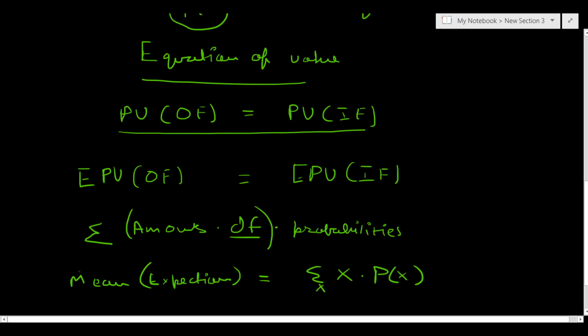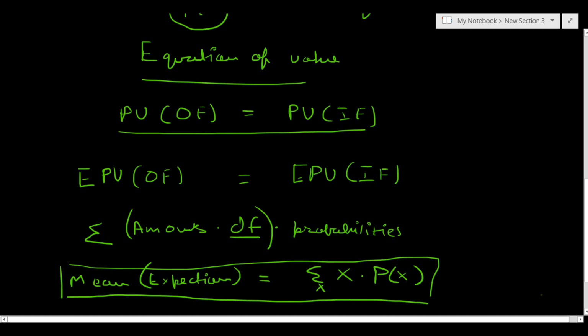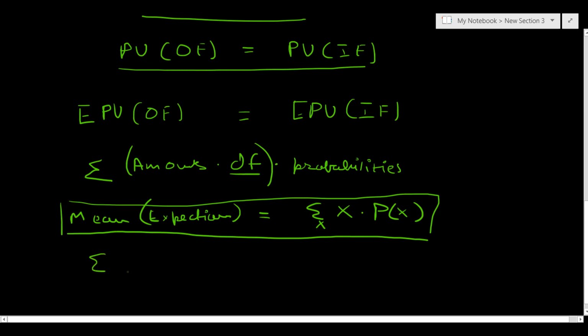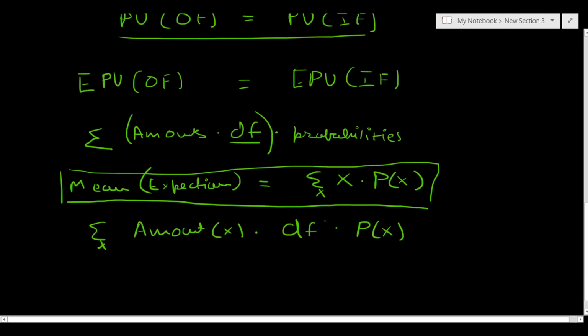So this is your mean. Similarly, as I'm calculating the expected present value here, the formula changes just a bit. It would be the sum of the amount, that is x, into the discounting factor, which I need to multiply because these are future amounts, into the probability of x, summed over all the values of x. So this is how it all functions, and that is how CD5 is related to subjects CD1 and CD3.